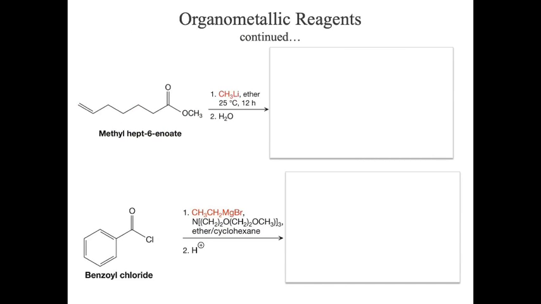So, if we switched it up and looked at these situations, what do you think? I would say that for that one, you get basically a primary alcohol. The methanol flies away.